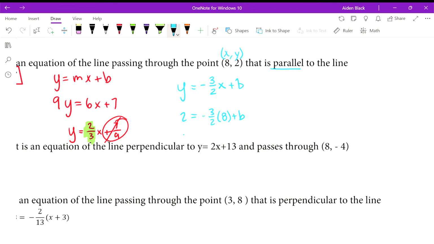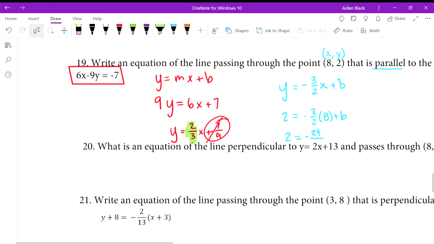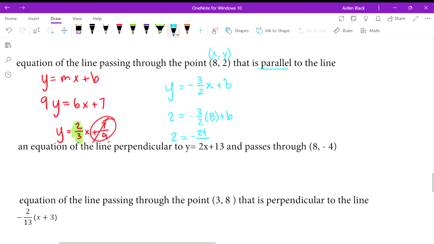Now if I evaluate this, I get 2 is equal to negative, no, that's actually 24, 24 halves, which reduces to negative 12.